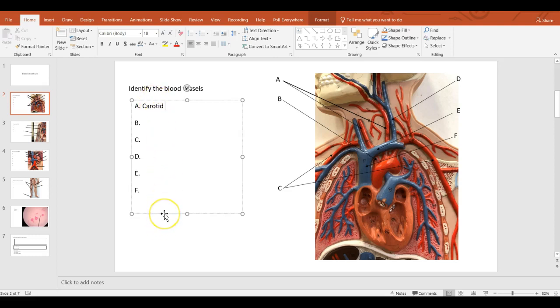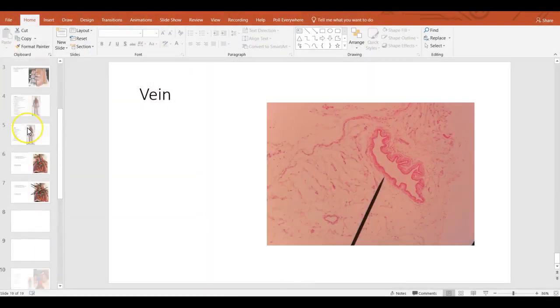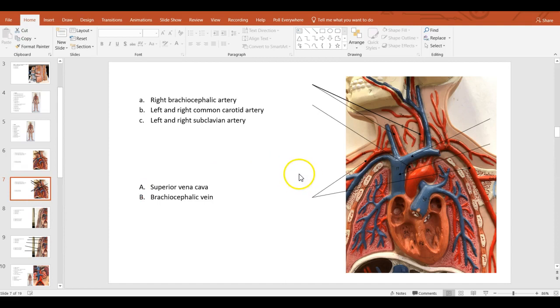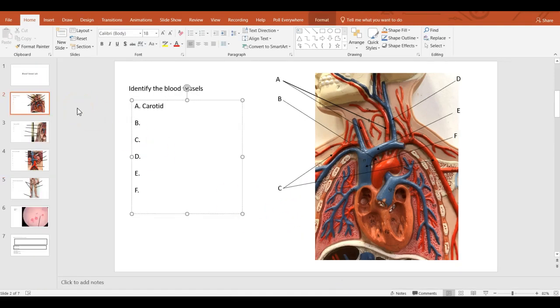So fill these out using the pictures that you have and the other PowerPoints. Because if you look at the other PowerPoints, it'll tell you what your possible arteries and veins are for that picture, so it makes it a little bit easier. But fill this out to the best of your ability. It doesn't have to be perfect.